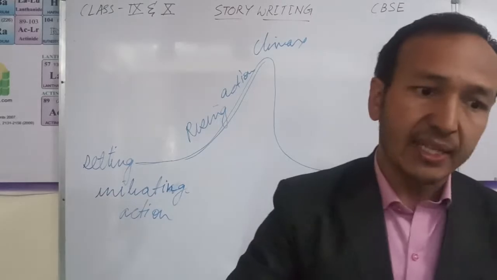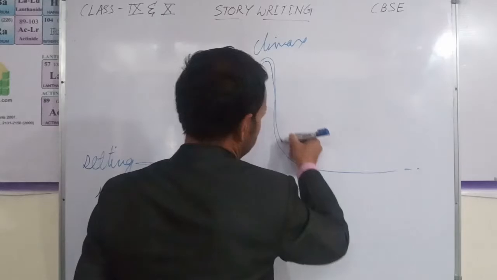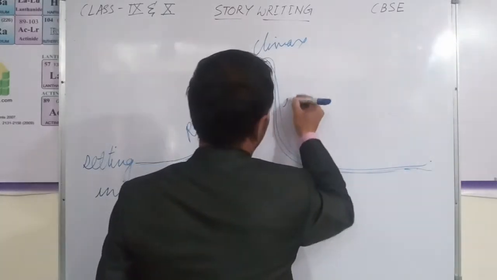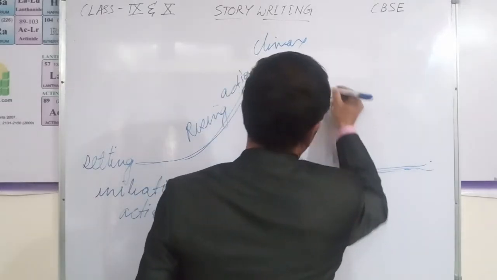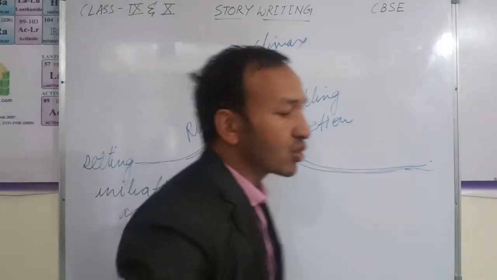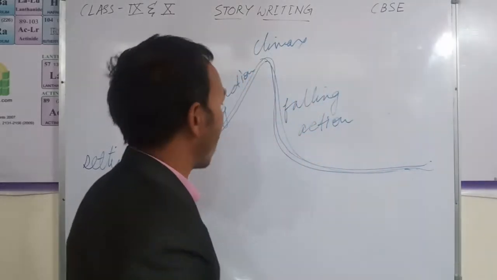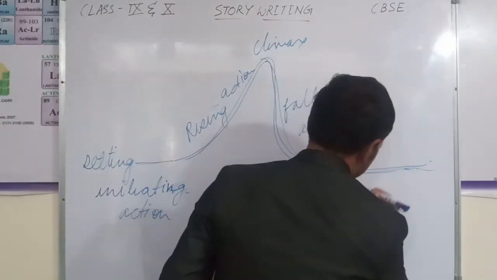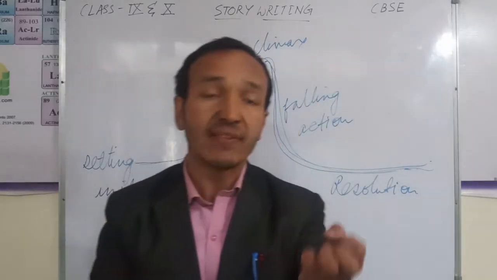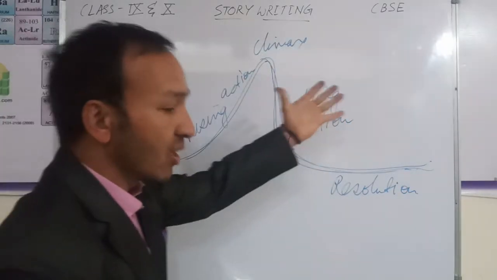Thereafter the falling action of the story begins. And at the end of the story, you always have to give a resolution, and your resolution should always carry some moral. So the structure of the story goes like this.